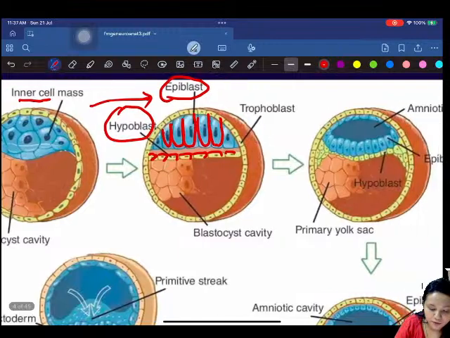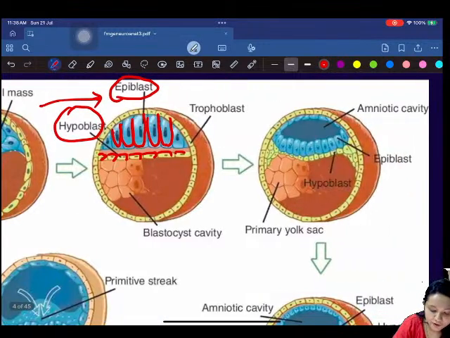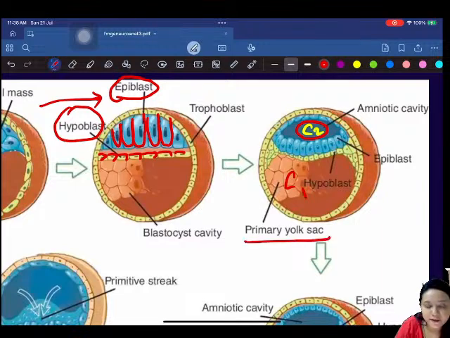ठीक है. So this inner cell mass is again dividing into your epiblast and the hypoblast. Now there is another cavity developed in the epiblast, that is known as the amniotic cavity. This is the cavity 2. And we already have cavity 1, the blastocele cavity, which is forming the primary yolk sac.